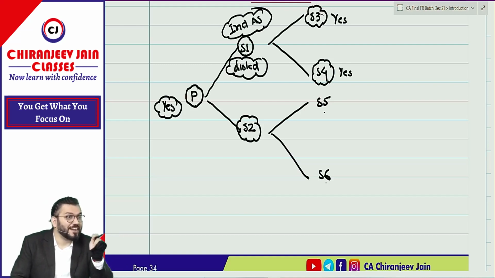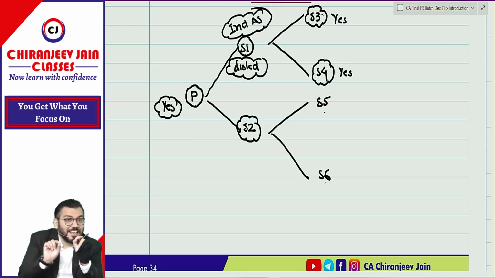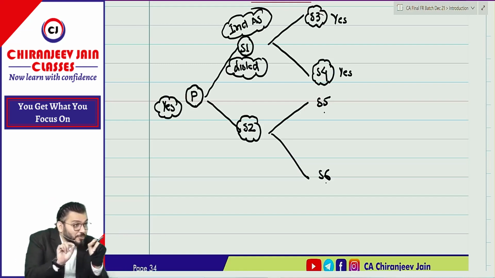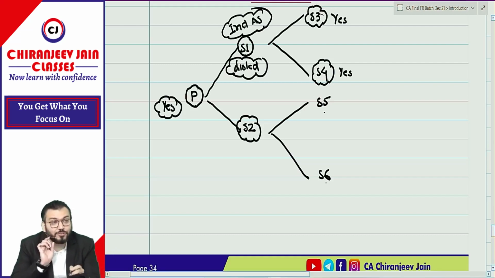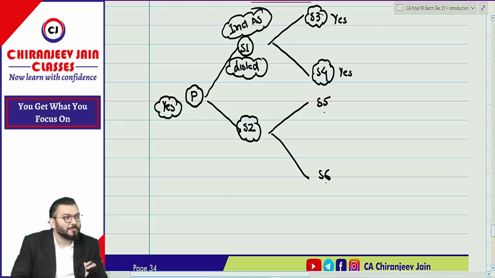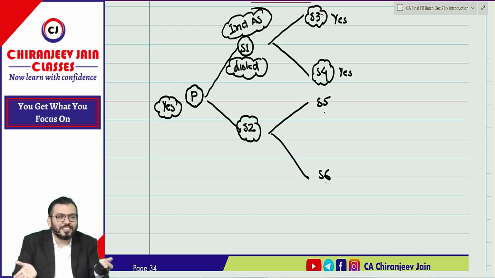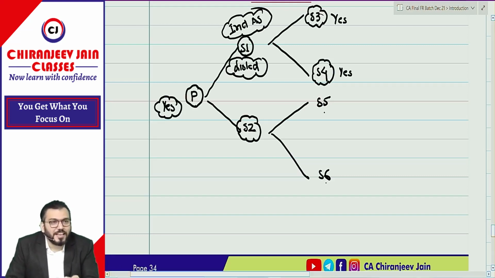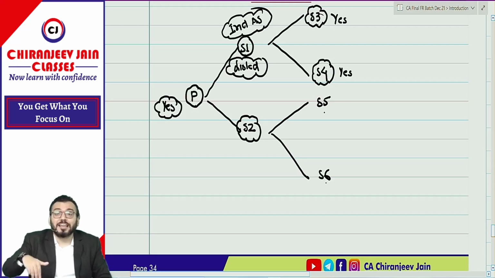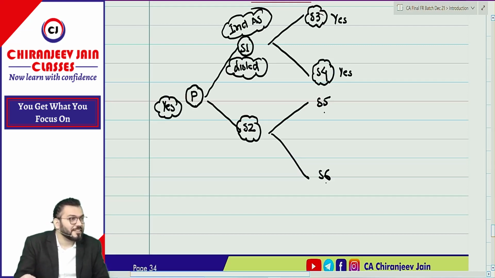So one doubt may come: as per the wordings and the rules, whether Ind AS is applicable to S2 or not. As per the rules, it is not applicable. But as per interpretation, common sense, and the intention of law, Ind AS should also be applicable for S2.